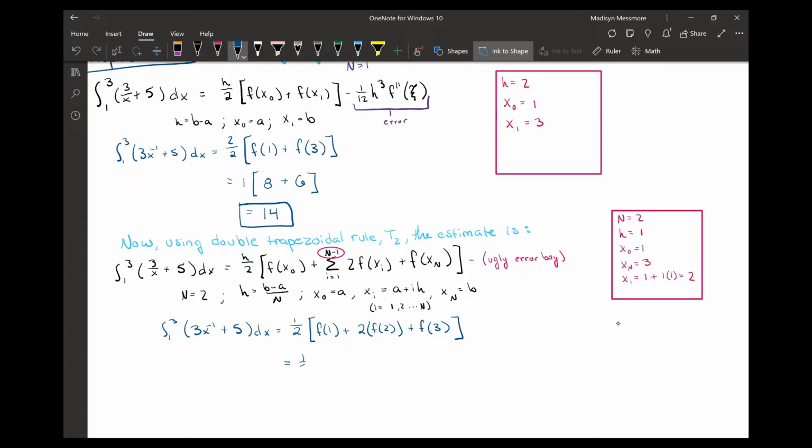So 1/2 times f of 1, which we know is 8, plus f of 2, in this case 3/2 plus 5, plus our f of 3, which we know is 6.